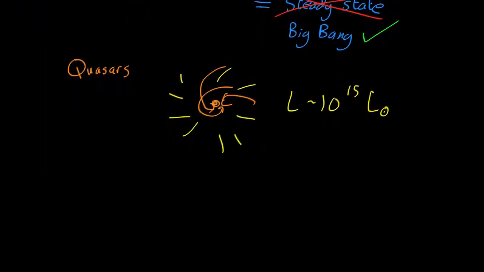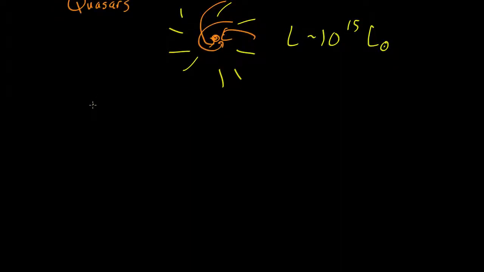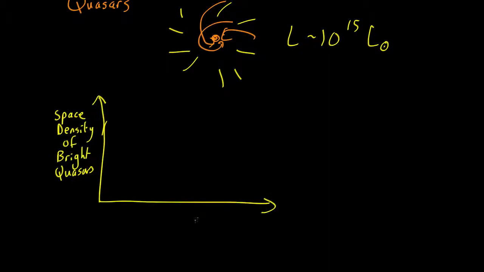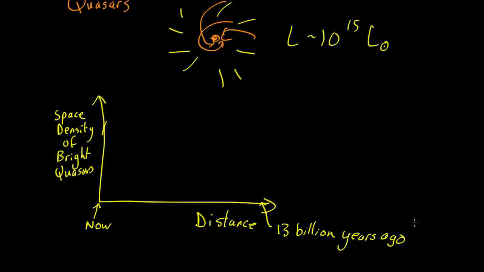And what people were doing back in the 60s was plotting the space density of bright quasars against distance, which corresponds to time. This is today. No distance means the light hasn't had to travel anywhere. And this might be 13 billion years in the past. And what they discovered was something quite remarkable.